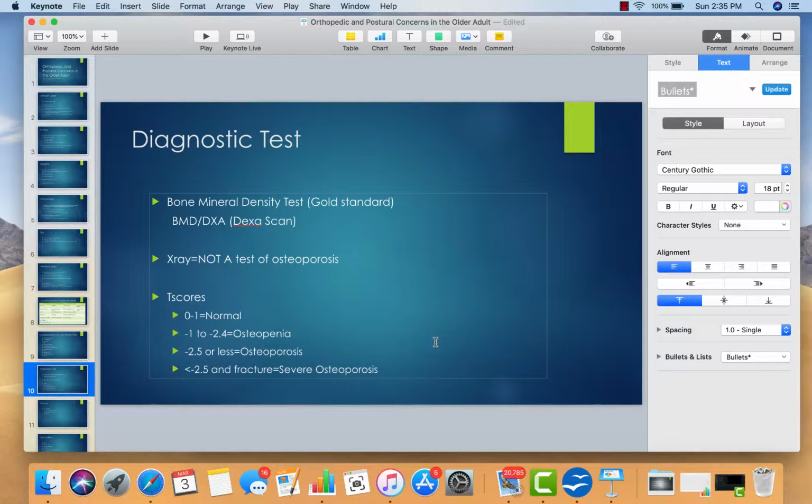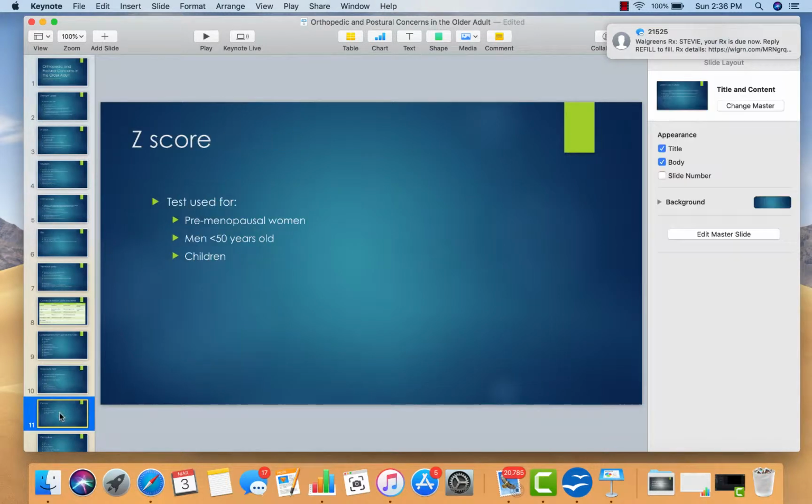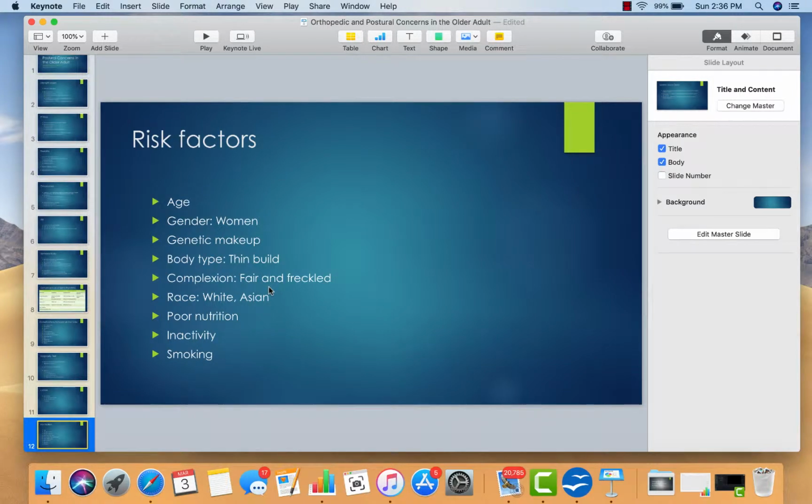And what you're going to learn a lot of times is these fractures occur with very slight activity, like minimal injury. Okay. A Z-score is a test that might be used in premenopausal women or men less than 50 years of age or children.